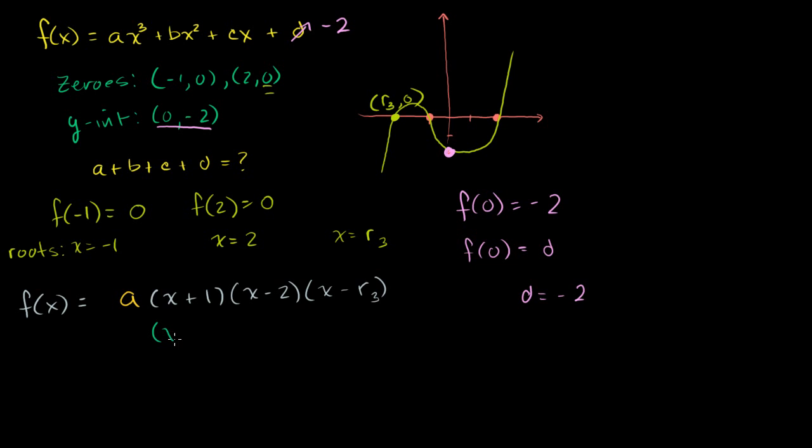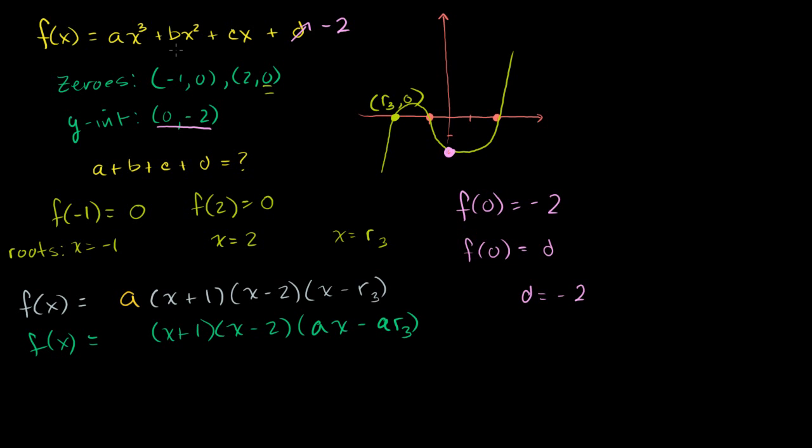So this is the same thing as x plus 1 times x minus 2 times ax minus a r3. This is the exact same thing as f of x up there.